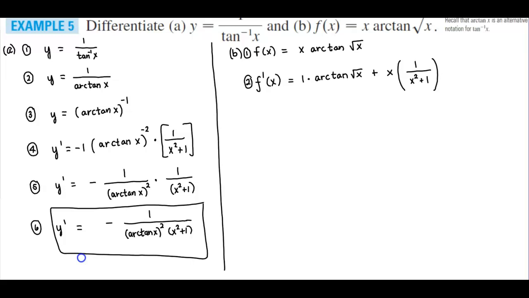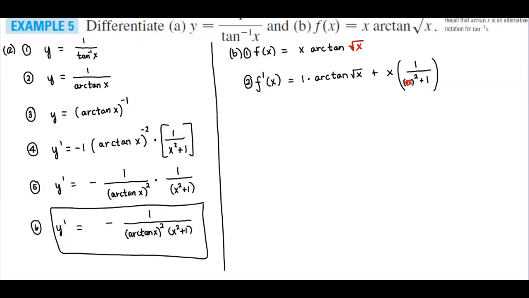But I want you to keep in mind and notice here that this square root of x represents this x here. So therefore, we're going to replace that x with the square root of x and then square it. So therefore, this is the square root of x squared plus 1.